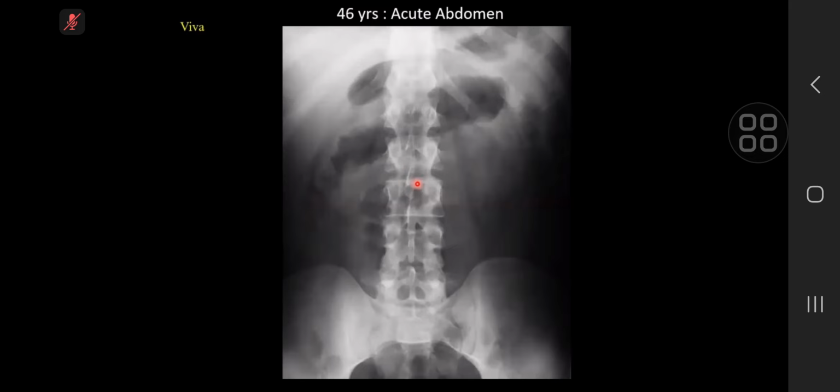The mucosa of this bowel looks a bit inflamed, and I would consider colitis as part of the differentials. I can't see any fluid.